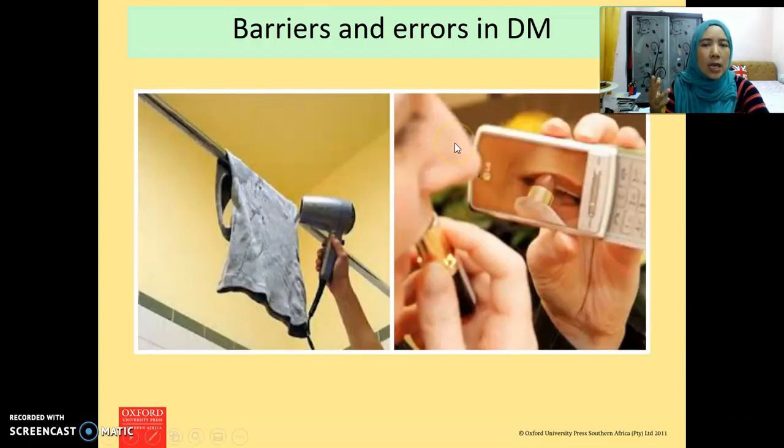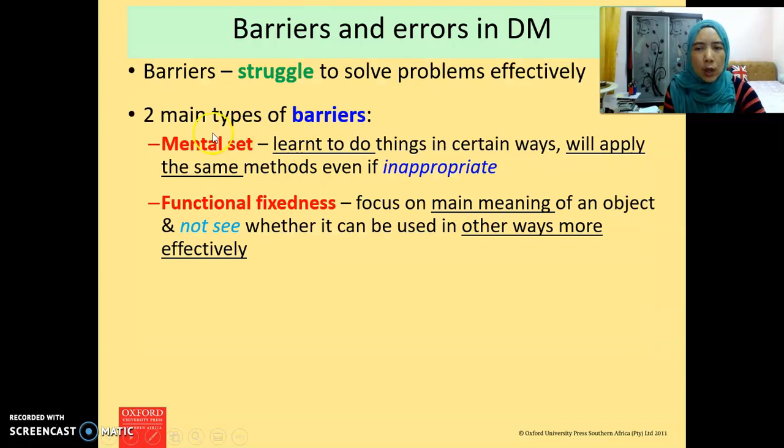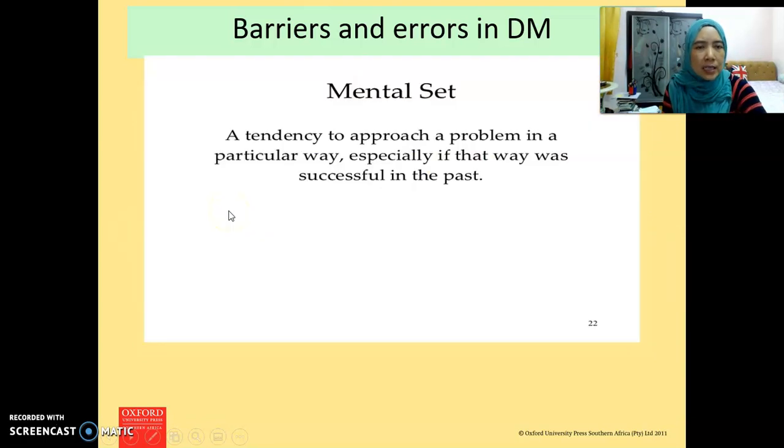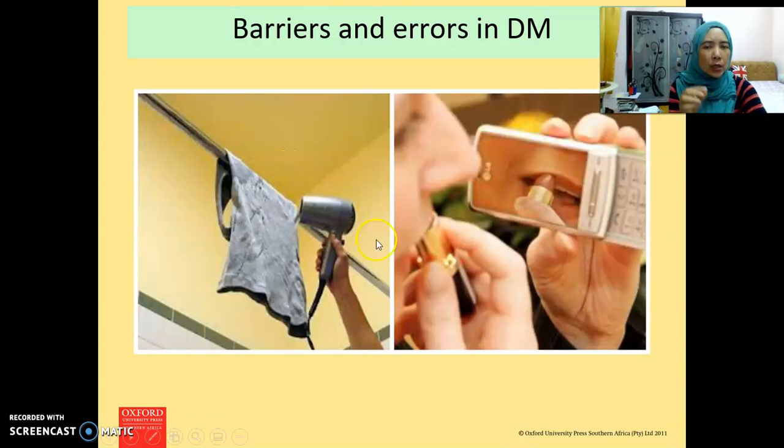That's mental set. Functional fixedness is when we only use things based on their own purpose, but we do not think that they can be used for other purposes. For example, how many of us use a hair dryer just for the hair? If you have this problem of functional fixedness, we only do things based on what that thing is meant for.